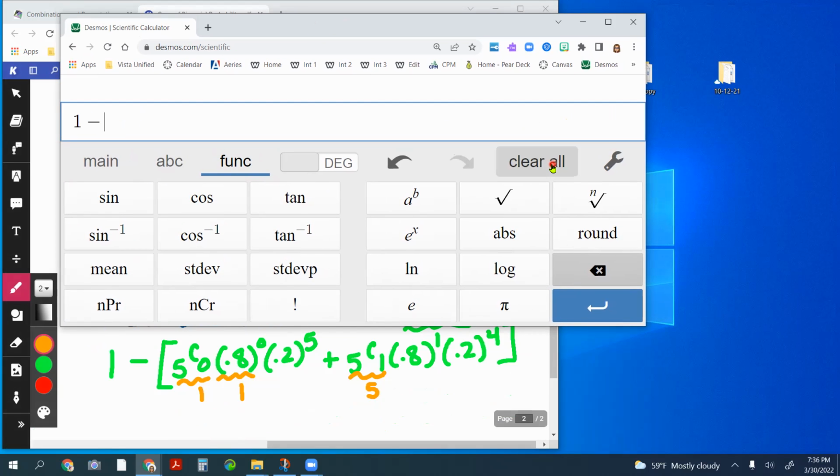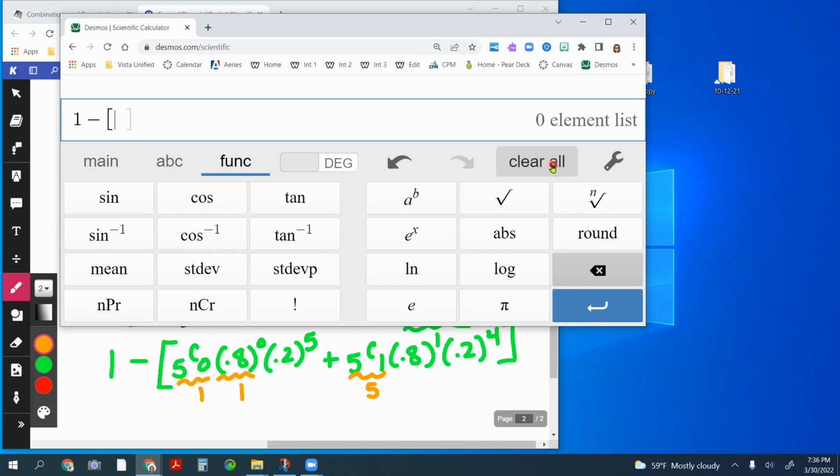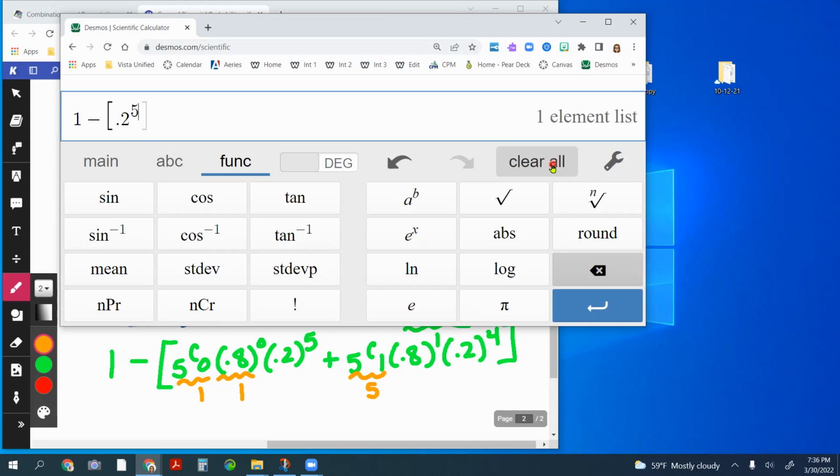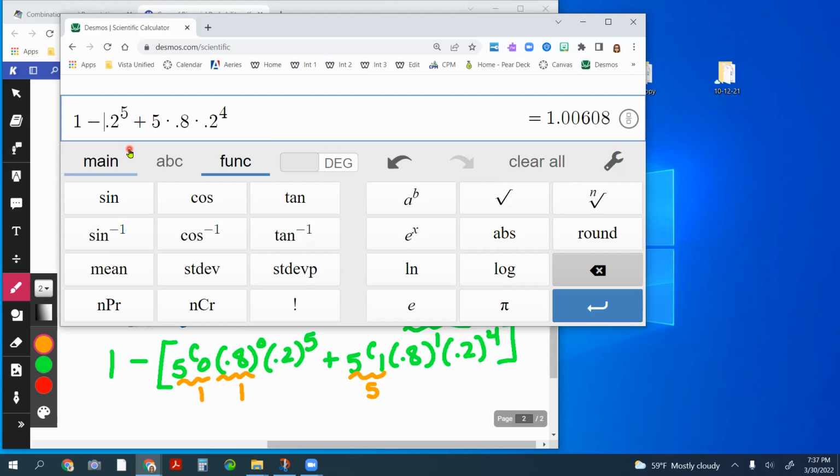I'm going to go 1 minus the quantity 5 choose 0, which is a 1, times 0.8, which is a 1, times 0.2 raised to the power 5, plus 5 choose 1, which is 5, times 0.8 to the 1, which is just 0.8, times 0.2 raised to the power 4. And actually, on Desmos I have to use parentheses, not brackets, sorry. So parentheses around it.